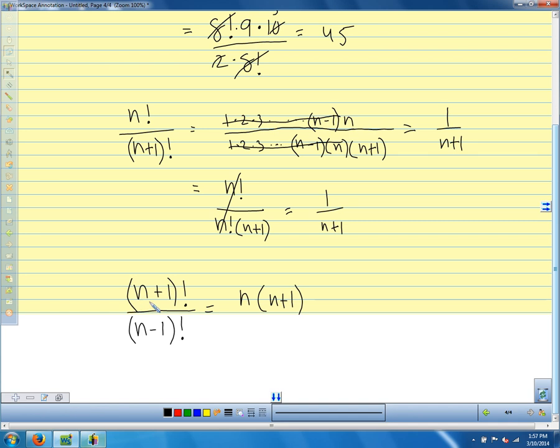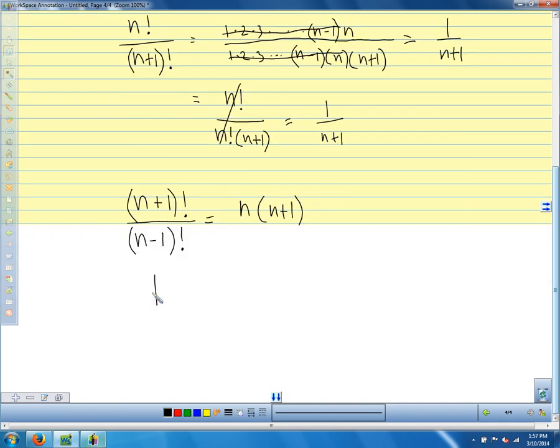Because in the numerator I could rewrite this as n minus 1 factorial times n plus 1. That's all the numbers from 1 up until n plus 1. And then in the denominator I have an n minus 1 factorial. And those cancel. And that's n times n plus 1.